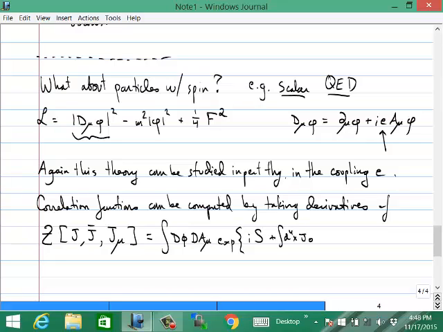So you have a J phi bar plus J bar phi. And the source term for the electromagnetic field is just J mu A mu. And just as one can compute correlation functions by taking variational derivatives with respect to J to pull down factors of the scalar field, by taking variational derivatives with respect to J mu, you can pull down factors of the electromagnetic vector field A mu to compute those correlation functions.